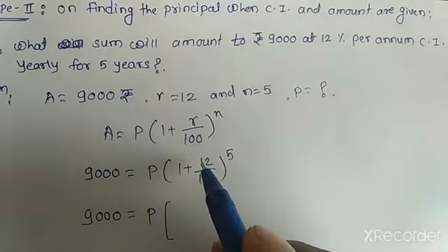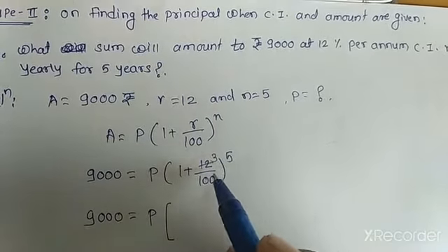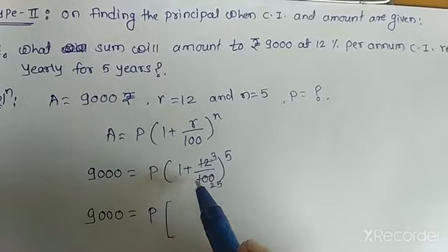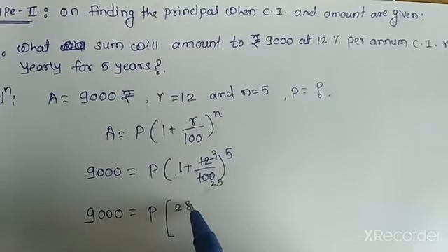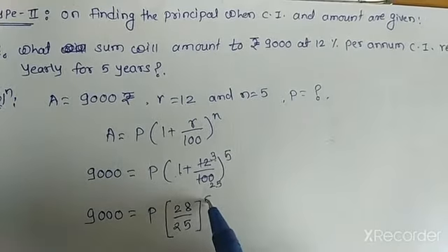Now here it is 4 threes and 4 twenty-fives, so its LCM will be 25. So 25 ones are 25 plus 3, which will be 28 upon 25 raised to 5.